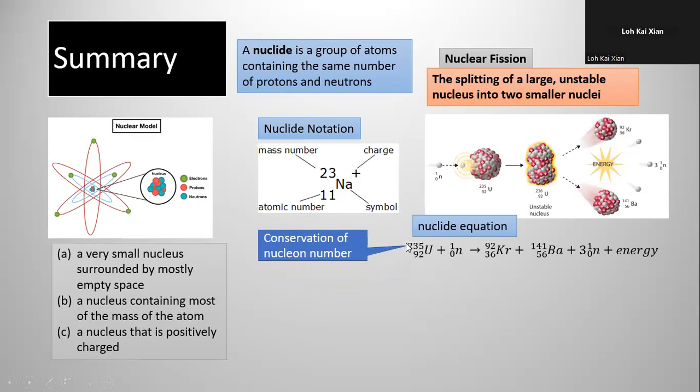Conservation of nucleon means you add the top number, the superscript, on the left-hand side, and add the right-hand side superscript, and it must be the same. There are three neutrons here. And then conservation of charge: you add the bottom numbers, left-hand side 92, right-hand side also should be 92.